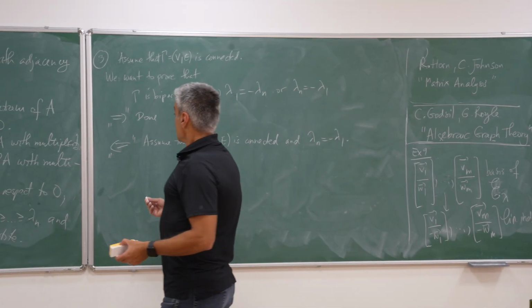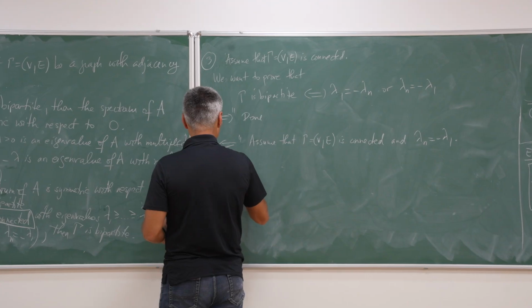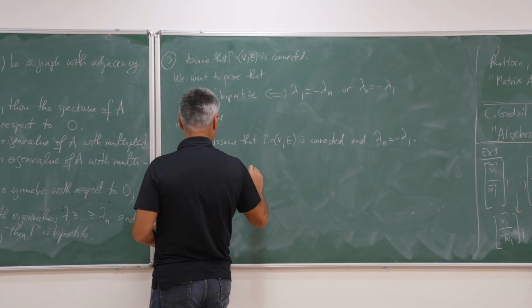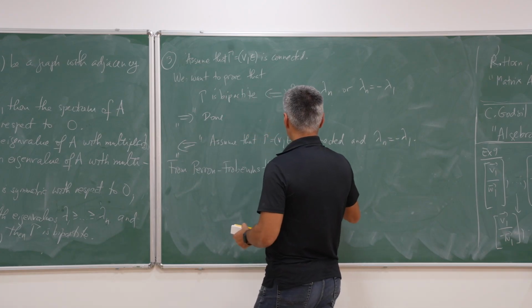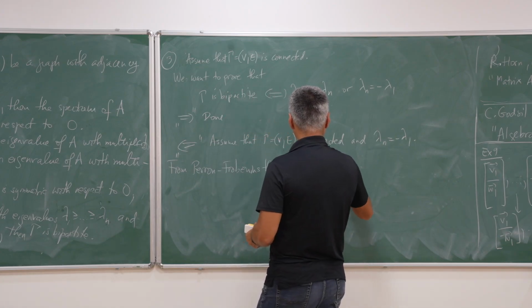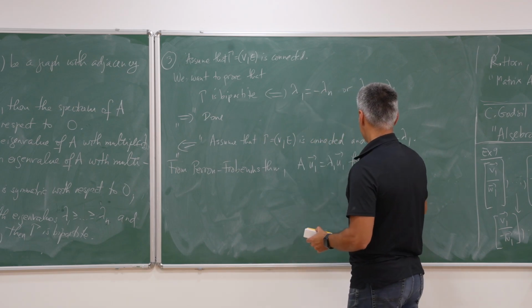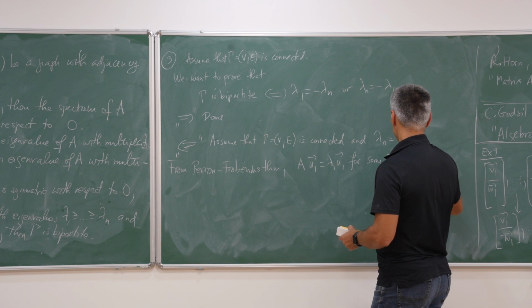So let's say from the Perron-Frobenius theorem, we have A u1 equals lambda 1 u1 for some u1 in R^n.